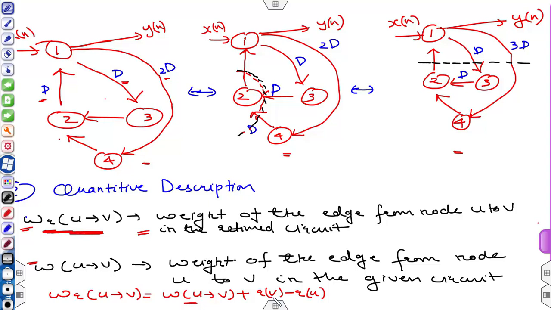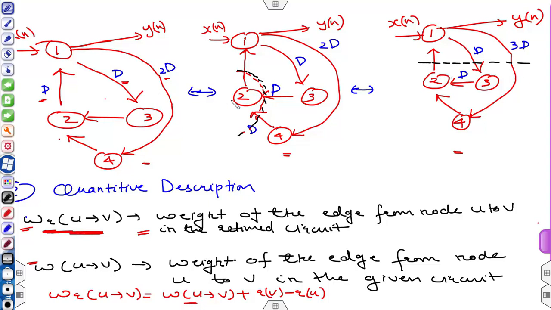So before defining r(V) and r(U), I would like you to carefully observe these three different versions. This was the given graph, and this was retimed by rearranging the delay element along this cut set. And this was retimed by rearranging the delay element along this cut set.